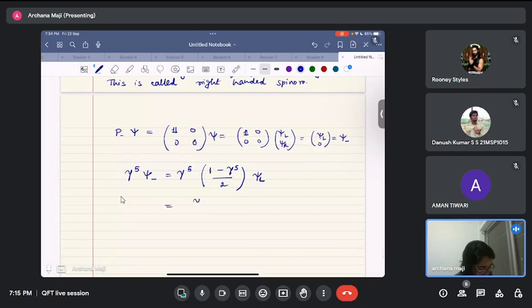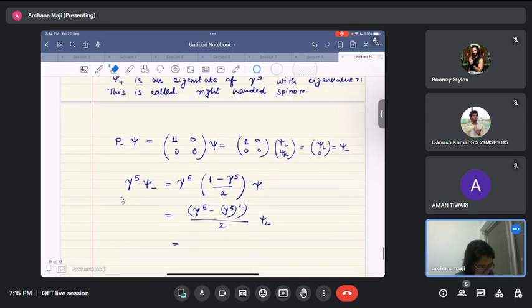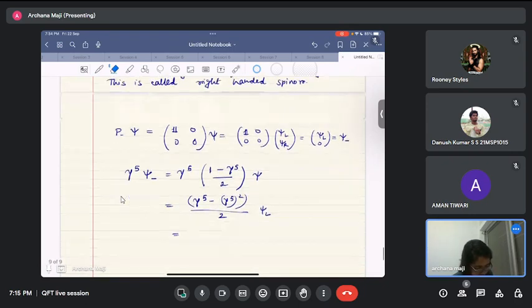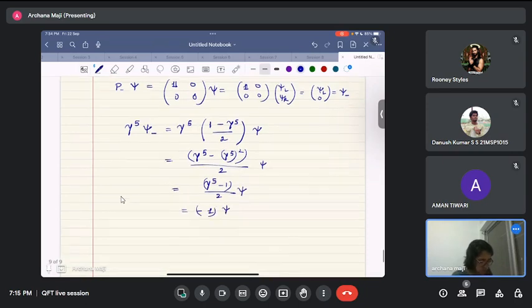So this will be gamma 5 minus gamma 5 squared over 2 psi, which is 1 times gamma 5 minus 1 over 2 psi, which is minus 1 times psi minus.